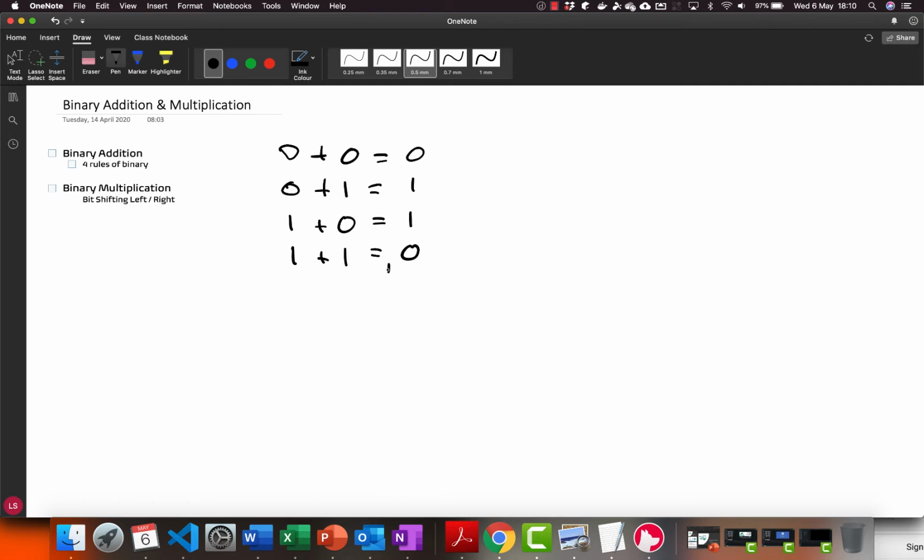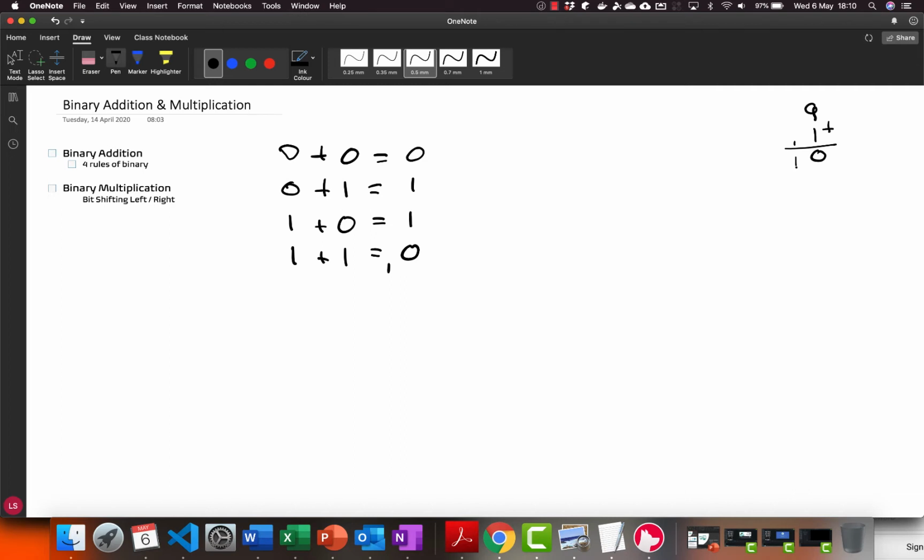Now that carry 1 is exactly the same as if I did 9 plus 1 in decimal. 9 plus 1 in decimal is 0, carry the 1. So that's all I've done here with this carry the 1.